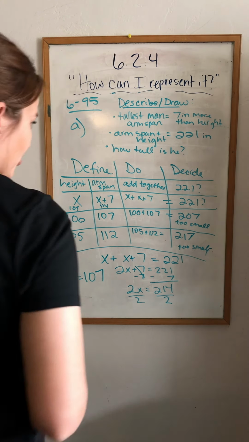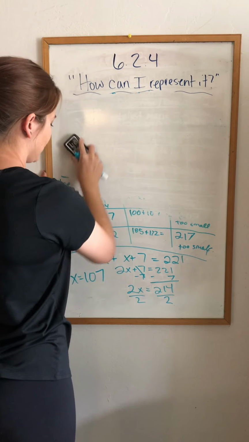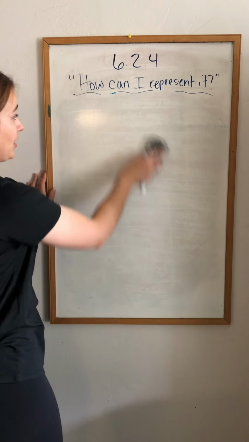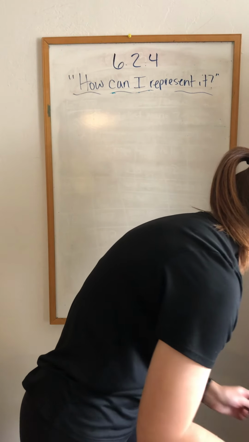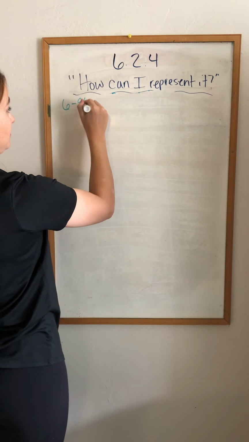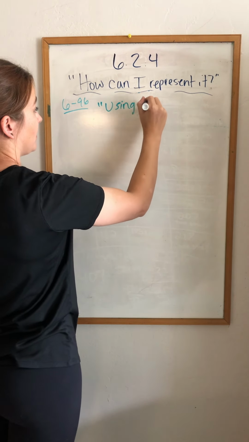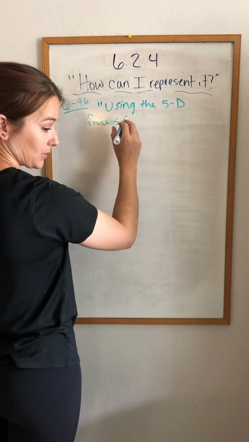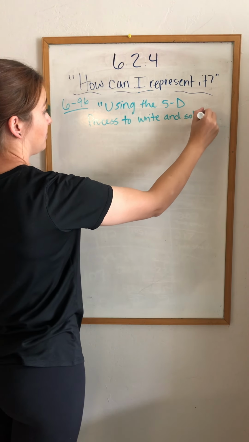Last thing we have to do is the learning log, and we're bringing all of this 5D process and equations together and talking about it or writing about it. So the learning log, this is 696, titled Using the 5D process to write and solve equations.